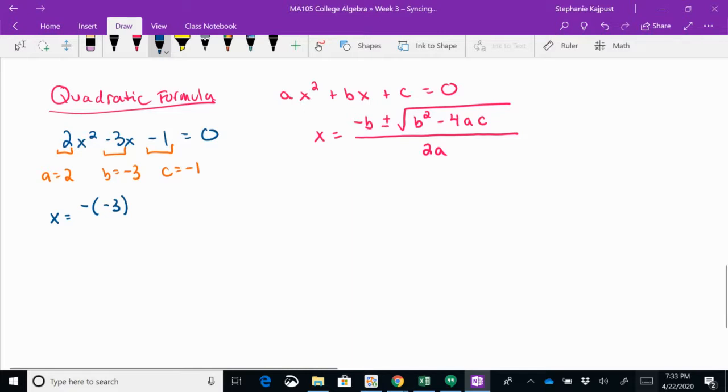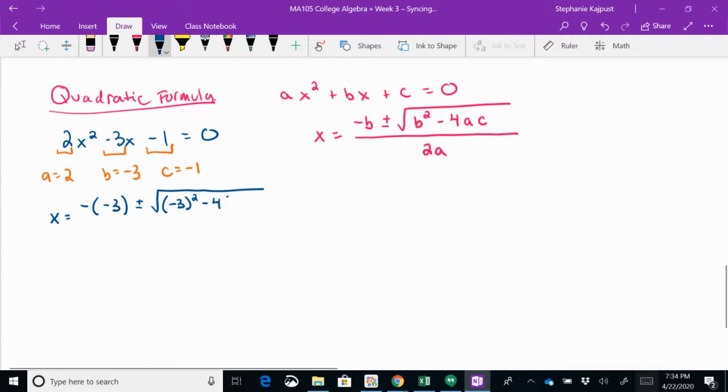A lot of people get confused there, so I like to put it in parentheses because we have a negative and then b itself is negative. Now I'm going to have my square root. So we have b squared, and anything with negatives, put parentheses around them so you can make sure you're squaring them properly. So that's negative 3 squared, and that's how you'd have to do it on a calculator.